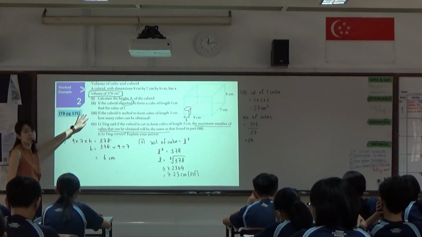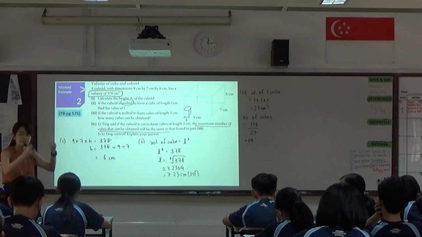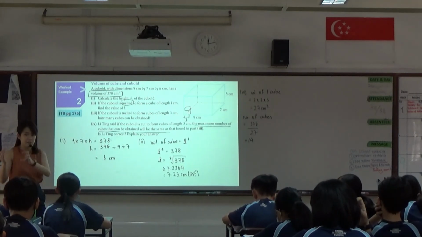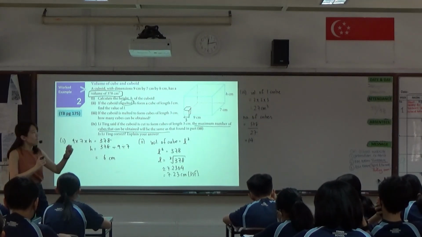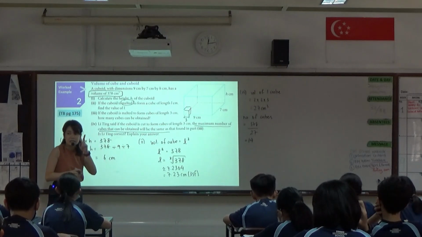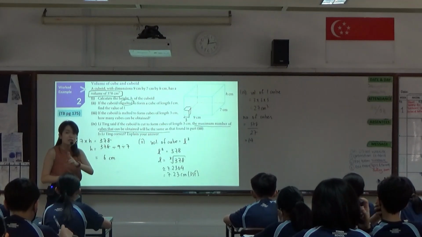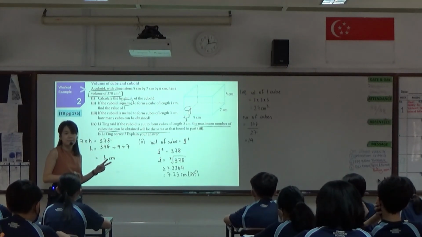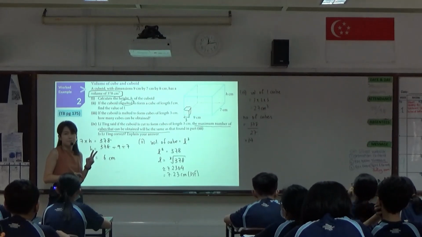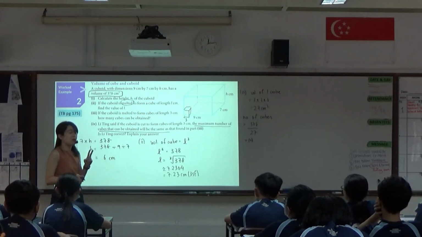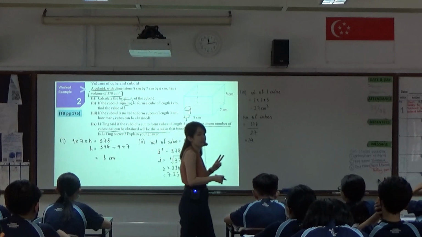In part 3, the entire cuboid was melted and made into smaller cubes. But in this case, we are cutting it out. Will the number of cubes actually be the same? Think about it. Do you think the number of cubes will be the same?